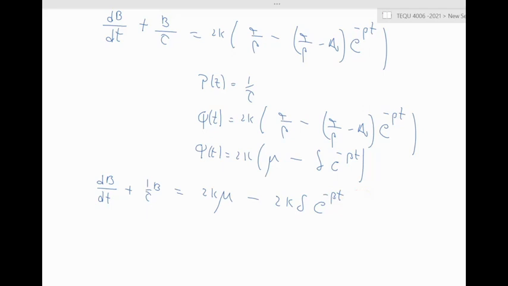I'm only making life easier, and don't get all bogged down in definition. Like I said, mu is just alpha over beta, and delta is equal to alpha over beta minus a0. See, they are just numbers, no big deal.